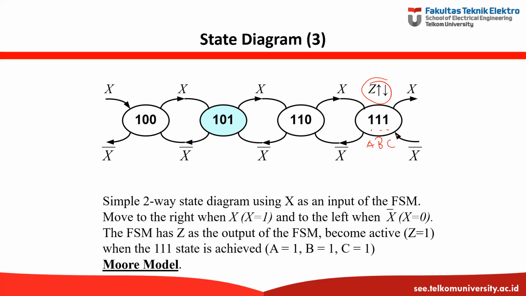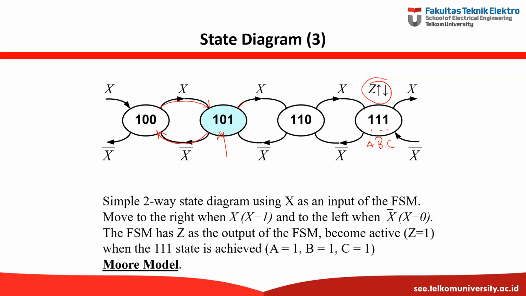Okay. So now, let's say for example, this is where we are now. 0, 1, 0. Clock. What is the value of X? X is 0, so I'm going to here. So the state will become 1, 0, 0. Now, clock, what is the value of X? X is 1, okay. Now I'm going to return here, 1, 0, 1. Clock, what is the value of X?